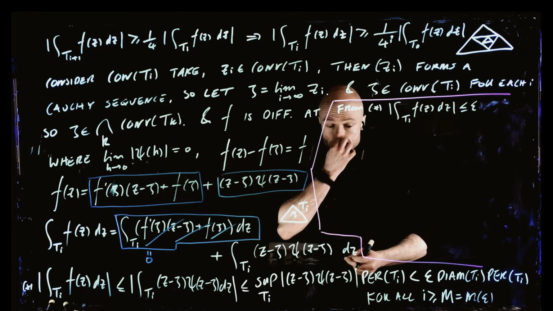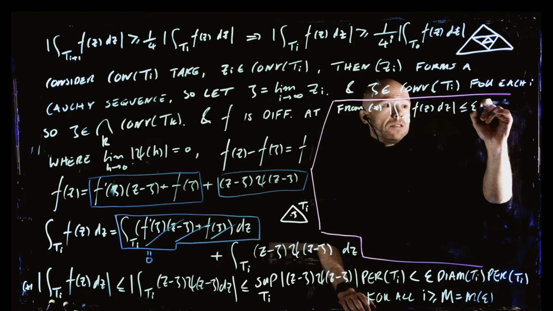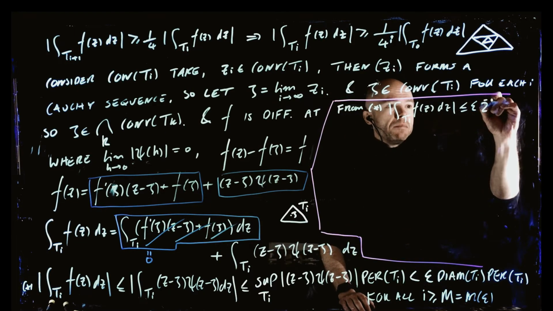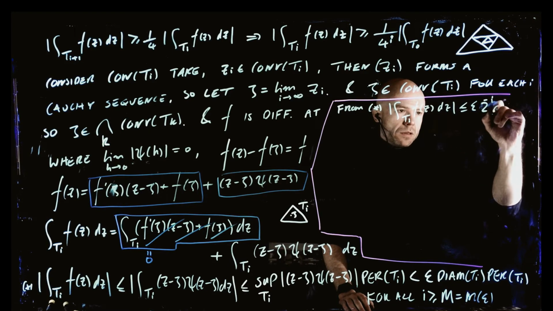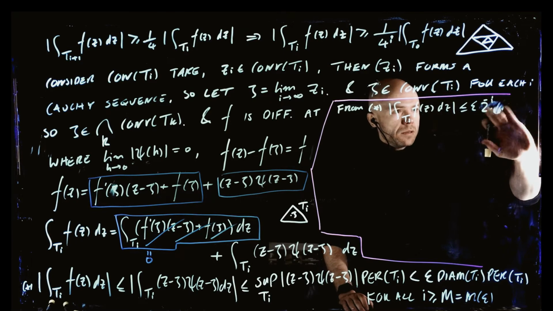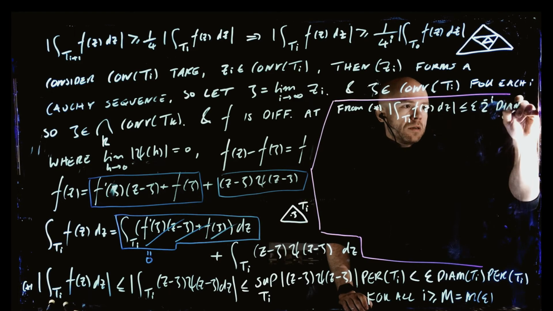So the diameter of Ti is 2 to the minus i of the diameter of the original one, diam of T0.